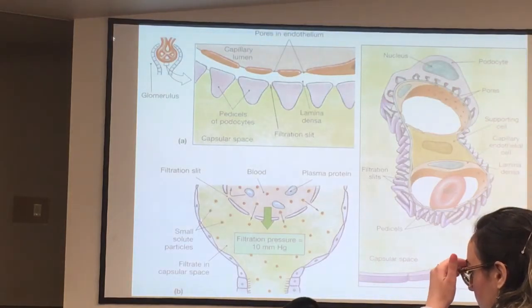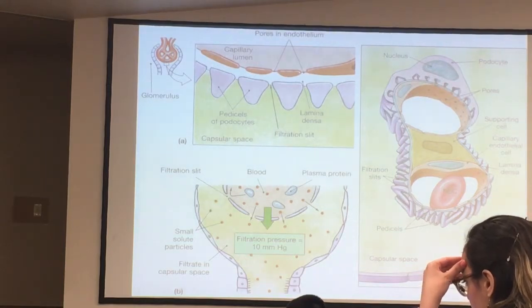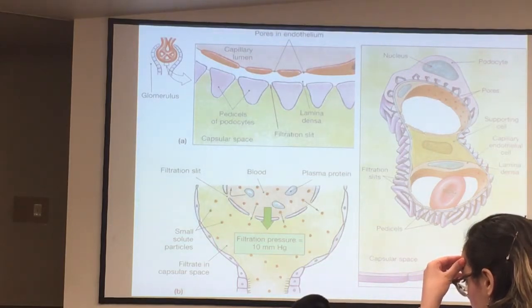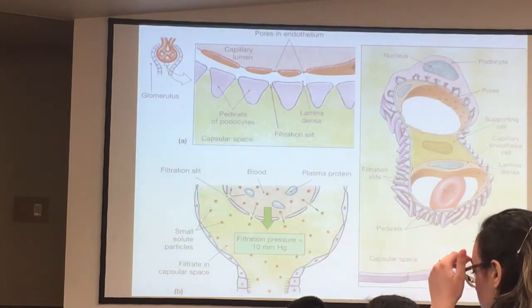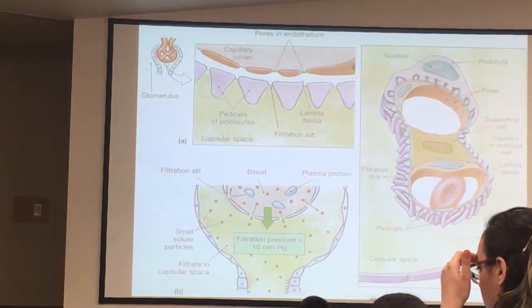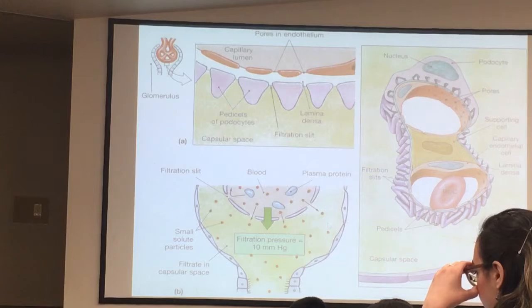The condition is you have the blood capillary endothelium cell, and outside is the podocyte. How is this structure arranged? The gap here we call the filtration slit, and the material here we call the lamina densa. How good is the structure for the molecules to come out? That is one of the factors.